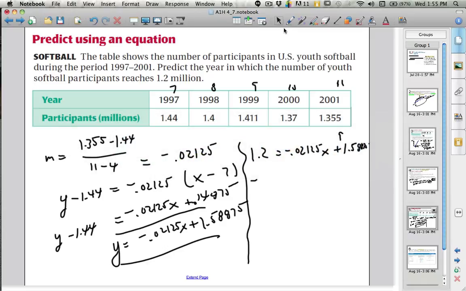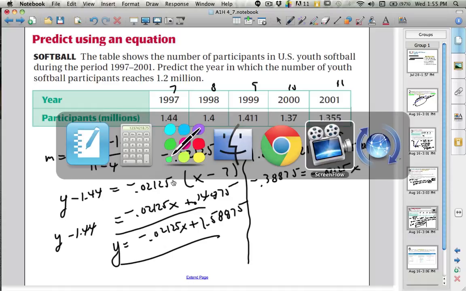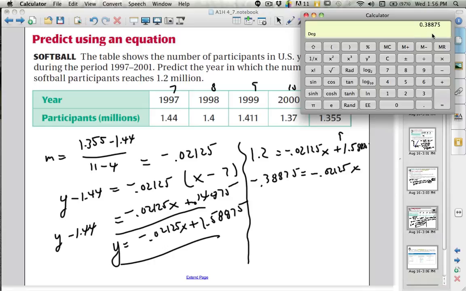Negative 0.38875 is equal to negative 0.02125x. So going back to my calculator, I've got negative 0.38875 divided by negative 0.02125 equals 18.29.